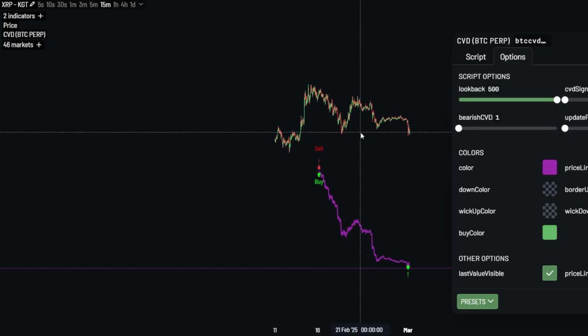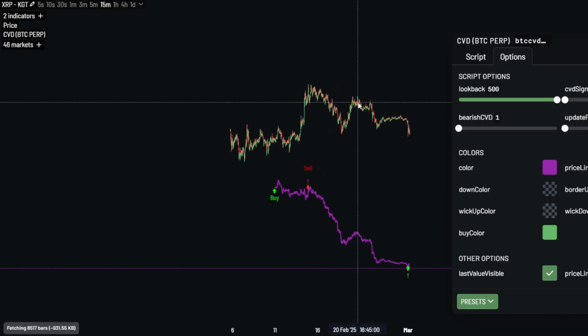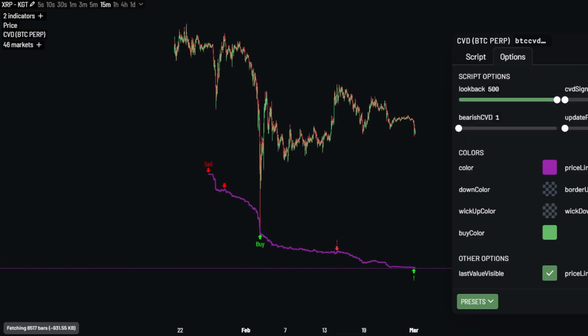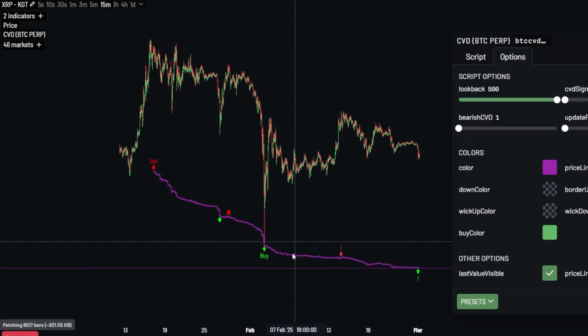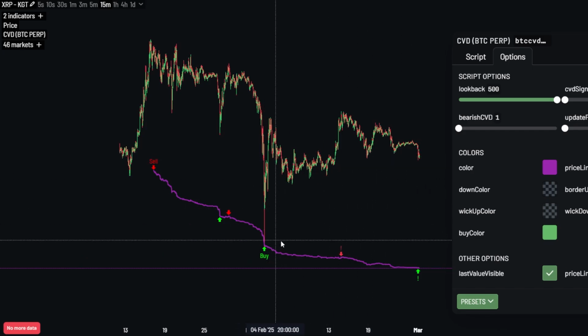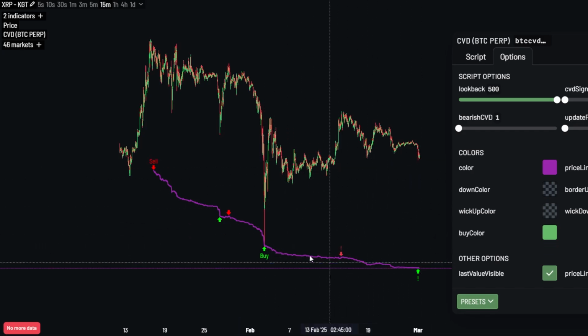Let's take a look even in a bigger view on the 15-minute chart here. On the 15-minute chart, yes, as you can see, there is a big divergence toward the upside, guys. So for XRP, we have to be careful.